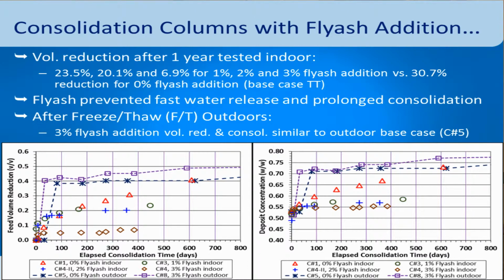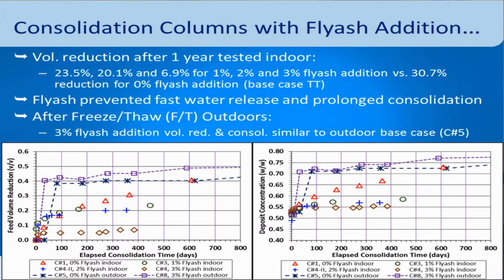The volume reduction for 1, 2, and 3% fly ash addition is below the base case, which is 0 fly ash addition. That means fly ash prevented fast water release, and so prolonged the consolidation process.